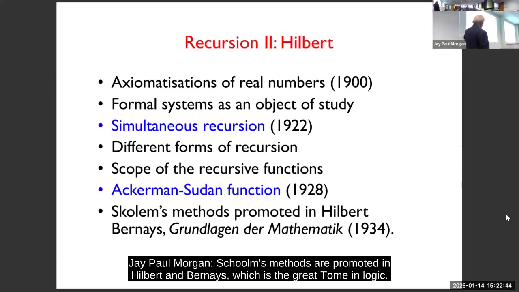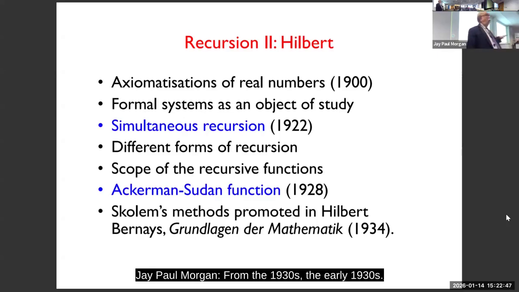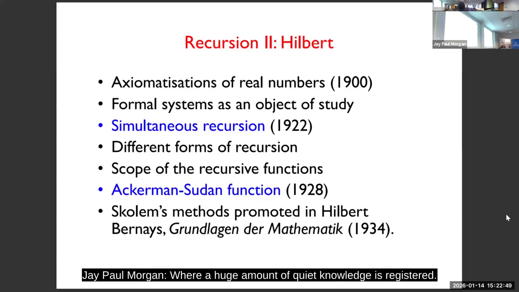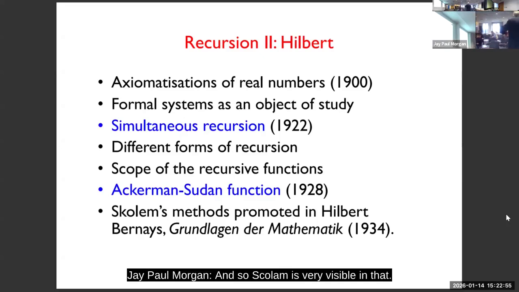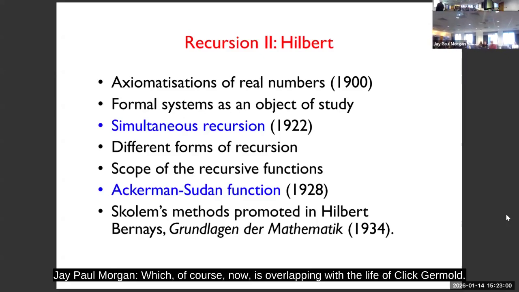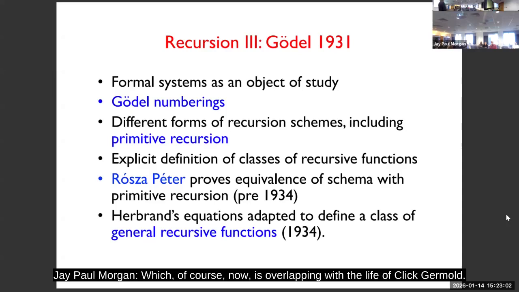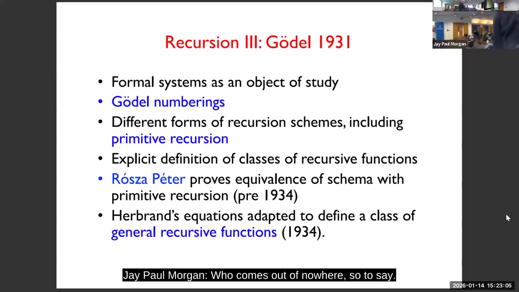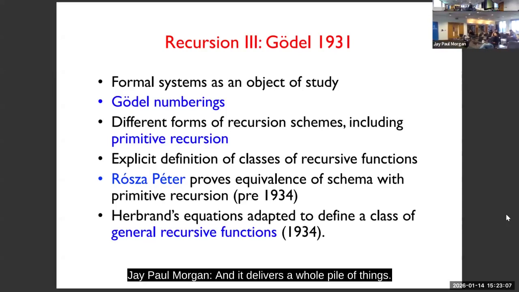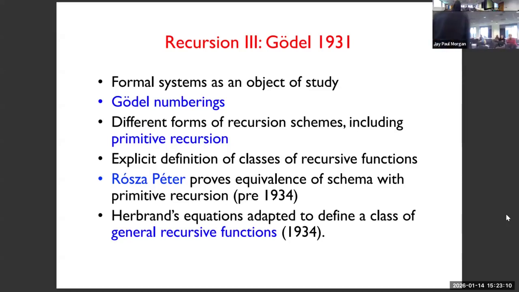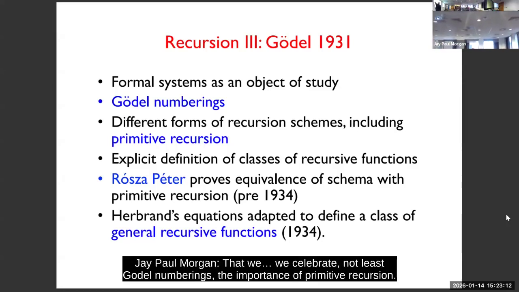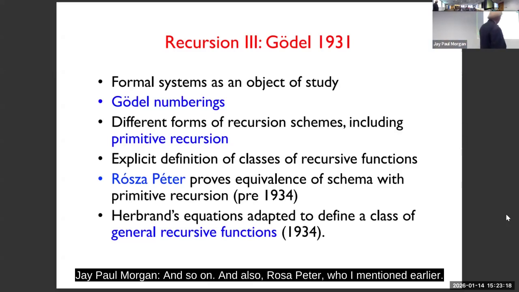Now, Skolem's methods are promoted in Hilbert and Bernays, which is the great tome in logic from the early 1930s, where a huge amount of quiet knowledge is registered. And so Skolem is very visible in that, which of course now is overlapping with the life of Gödel, who comes out of nowhere, so to say, and delivers a whole pile of things that we celebrate, not least Gödel numberings, the importance of primitive recursion, and so on.